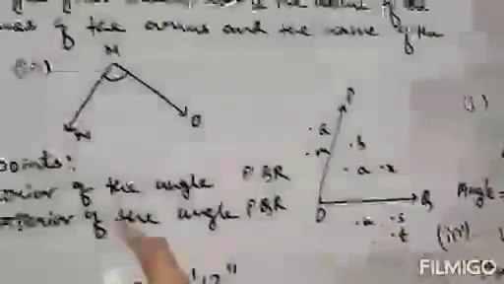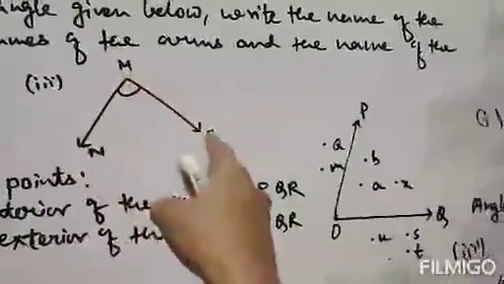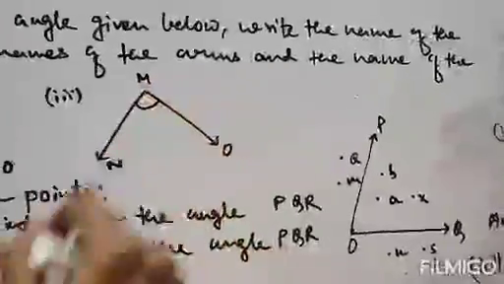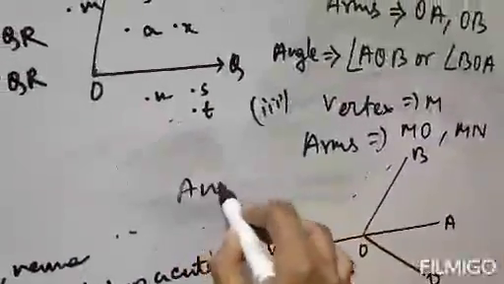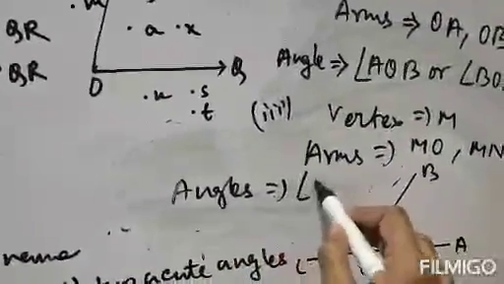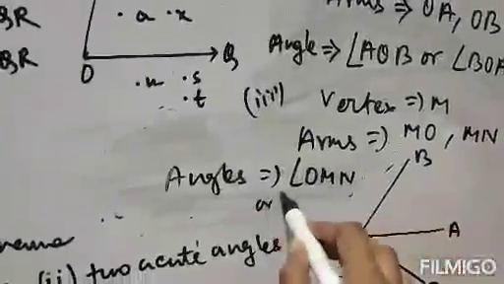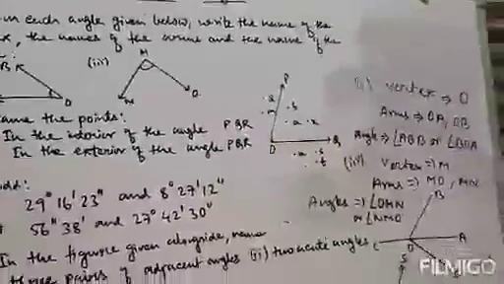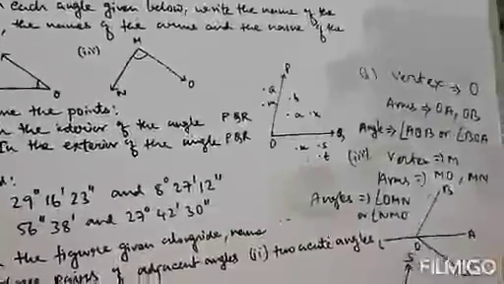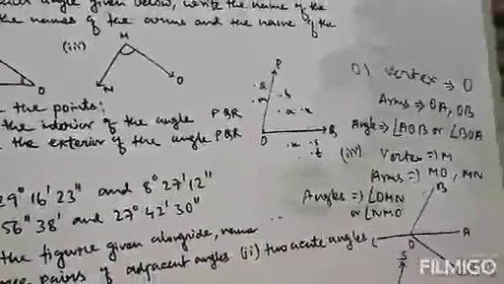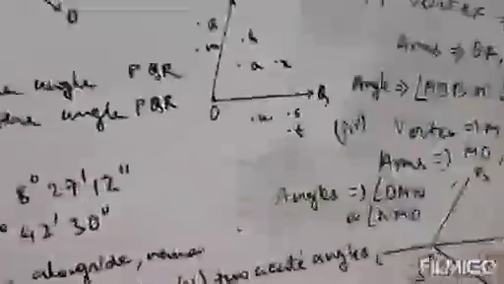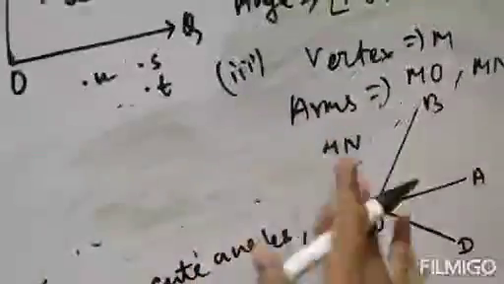Next, name of the angle: you can write angle NMO or you can write angle OMN. Both of these are correct.